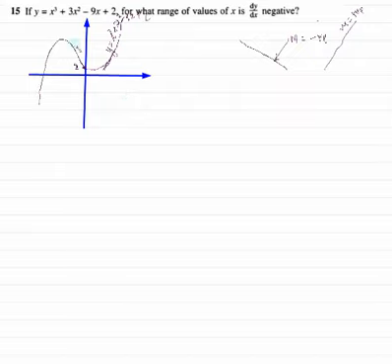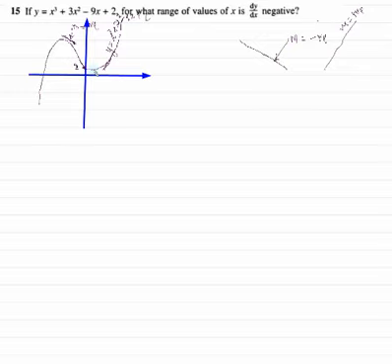If I draw a tangent at this point touching the graph, the m will be negative. So let's check the range of values of x where dy/dx is negative.